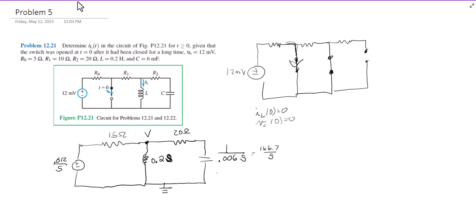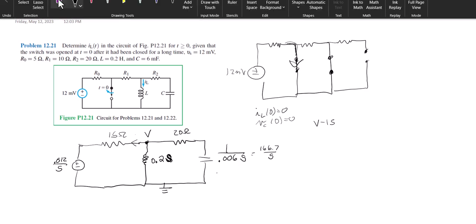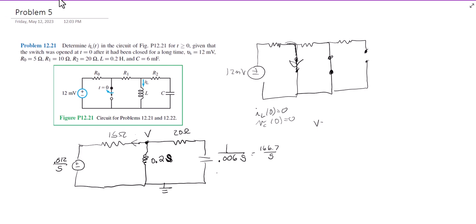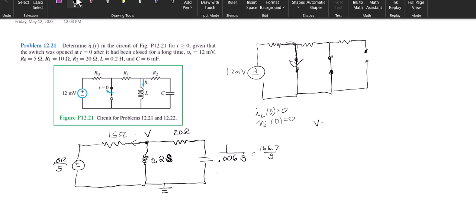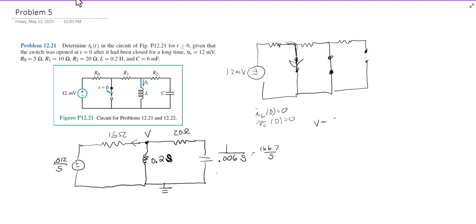So going in this direction, V minus 0.012 over S, all over 15, plus, going down, V minus 0 over 0.2S, plus, going to the right.